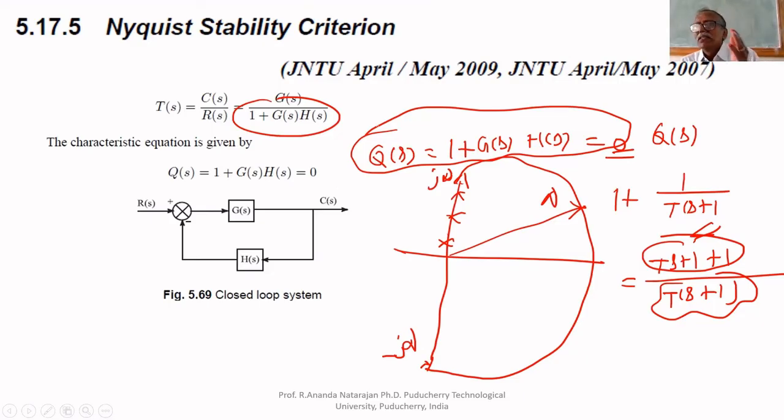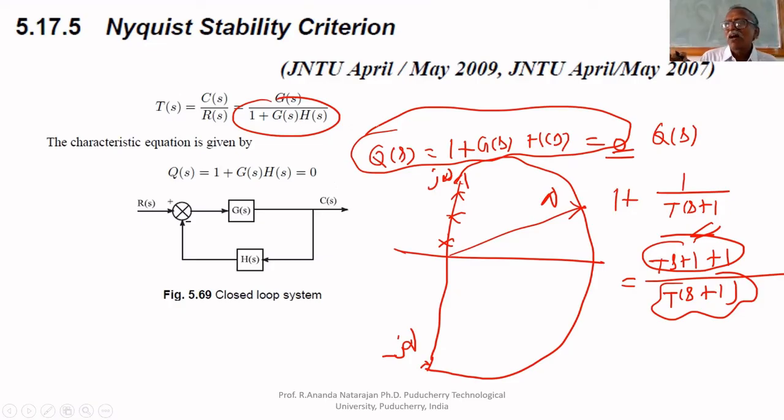Therefore, the zeros of the characteristic polynomial are closed loop poles. This line alone you remember: zeros of the characteristic polynomial are closed loop poles. In other words, zeros of Q of S are closed loop poles.